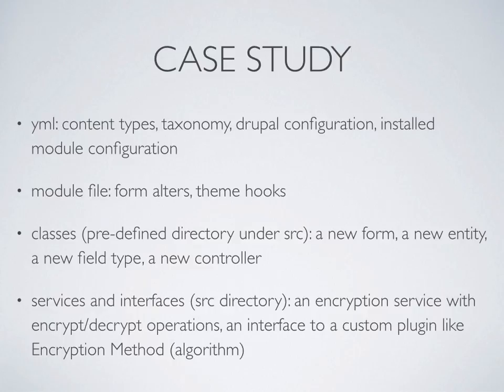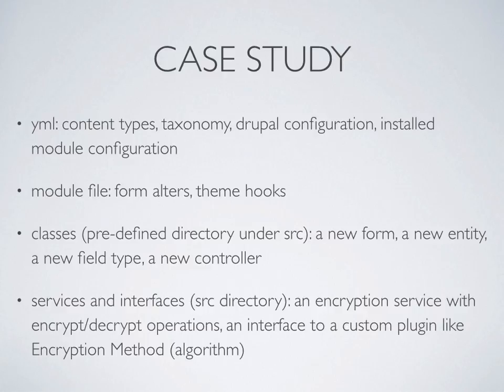All right, so let's wrap up this exercise by doing a little case study and talk about what we just discussed, the dynamics of a module, right? First, we got the YAML, and that's where we define all the configuration around content types, taxonomy, Drupal settings, and module settings, right? That's all YAML-based now. We've got a module file, and that holds things like form hooks and theme hooks. We've got classes that are all stored under predefined directories under source.